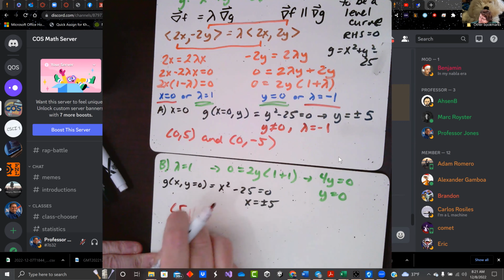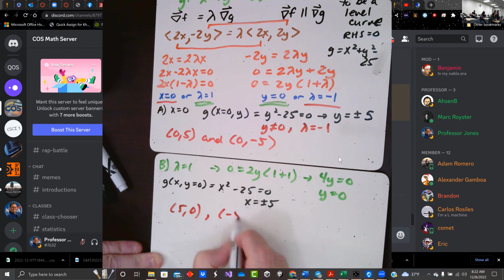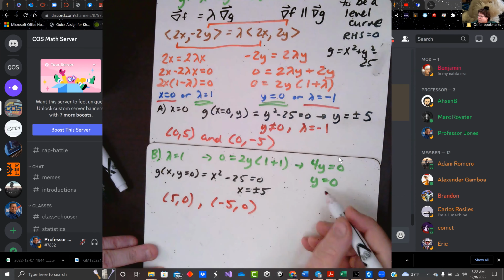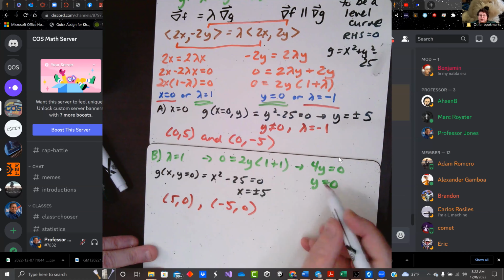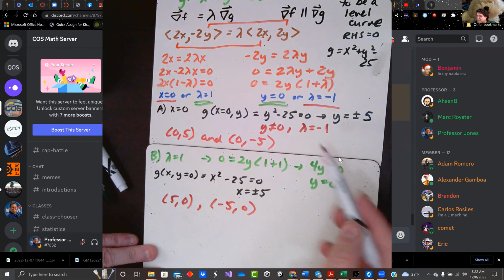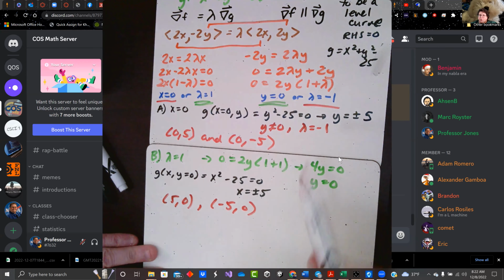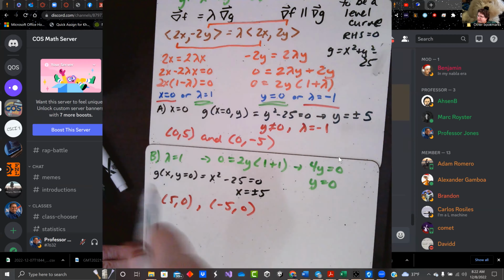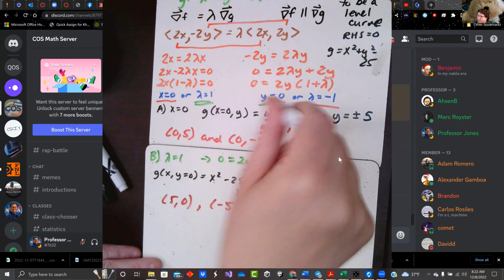I wrote negative 0. Was the green part just a check, or what was the point of that? The green part was to find out, we're trying to find x and y. And if we have a bunch of different lambdas, we don't know what pairs up with what. I was just verifying that lambda equals 1 pairs up with y equals 0.